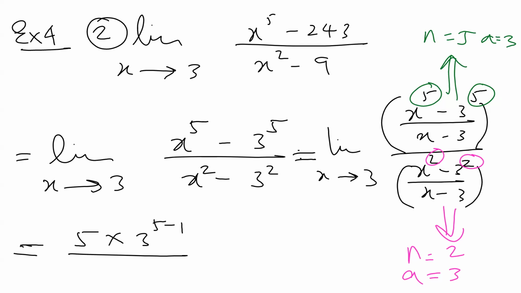So you will get 2 into 3 raised to 2 minus 1. N into a raised to n minus 1. So it will be 5 into 3 square, right? Then above, after you cancel the 3s, can you cancel? Yes, we'll simplify this.